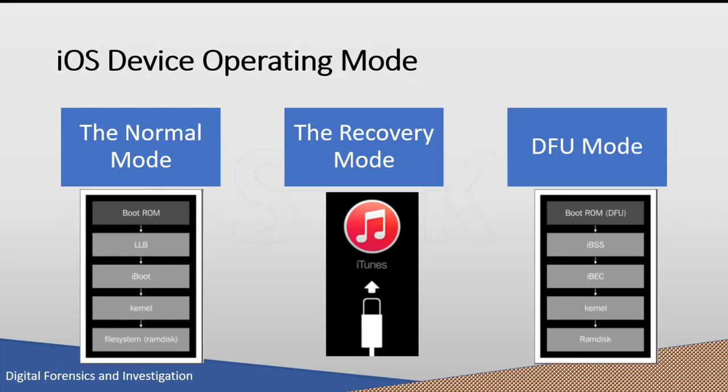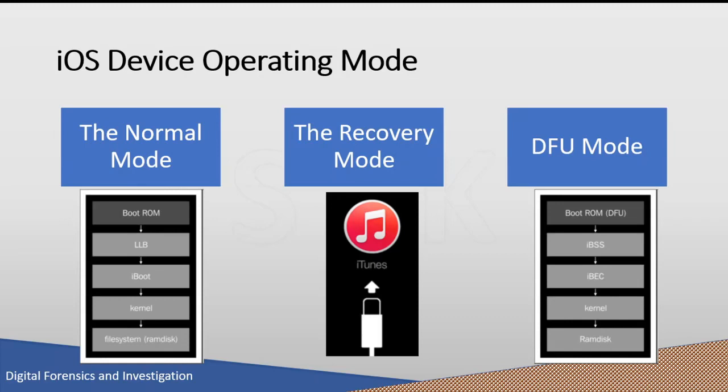When the iPhone is started, the application processor executes the code from the boot ROM. The boot ROM verifies whether the low-level bootloader, also known as LLB, is signed by Apple or not, and then loads it.